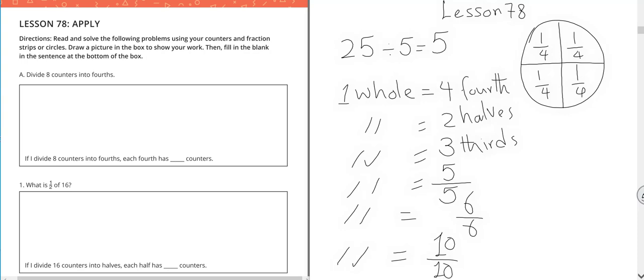So, in fractions and division, we divide a whole number into equal parts.